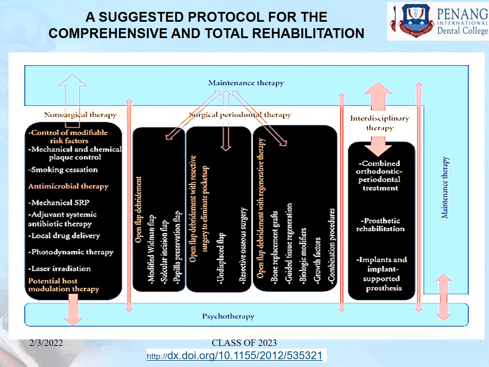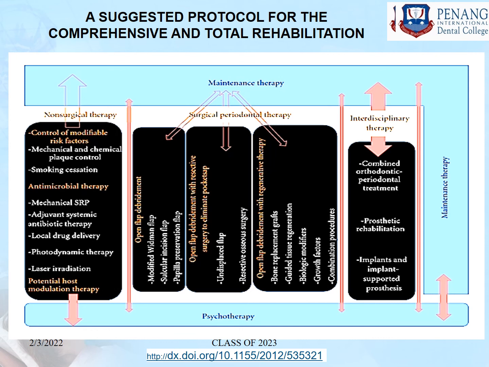Okay. So coming on to the treatment plan. The first and foremost would always be your non-surgical therapy, which includes your mechanical and chemical plaque control, such as scaling and root planing, smoking cessation, antimicrobial therapy, mechanical SRP along with local drug delivery, and if possible, host modulation therapy.